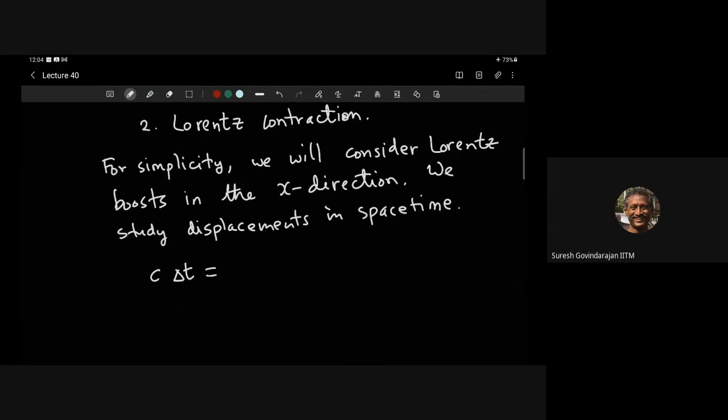We can check that later, or somebody can check online. Okay, so I'm using a plus sign here. Lorentz contraction is also correct. Okay, thank you.